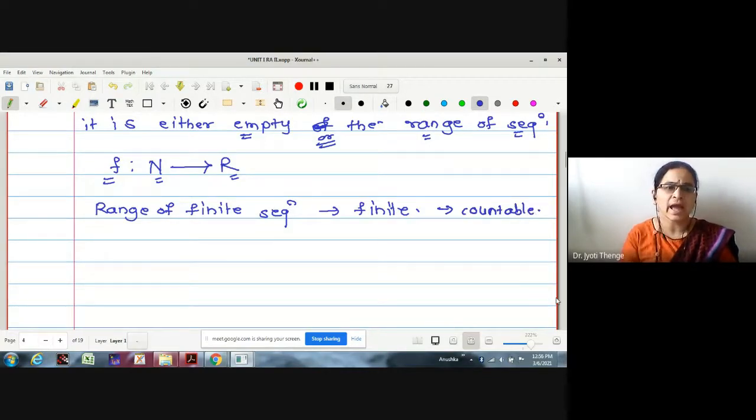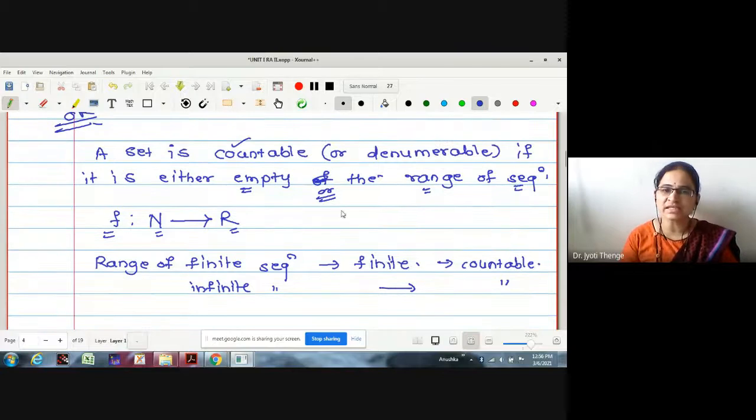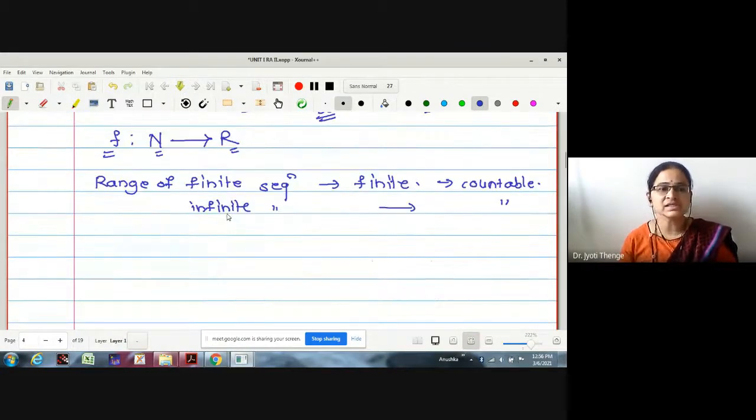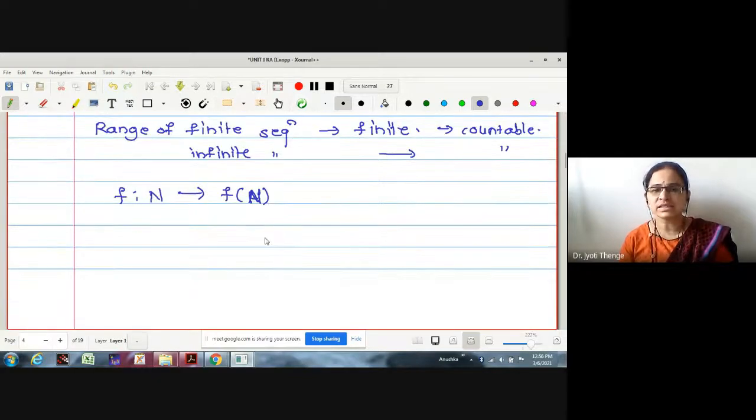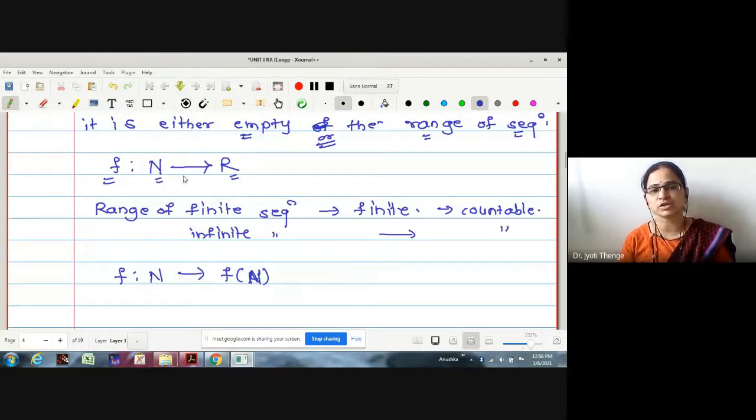And if it is the range of an infinite sequence, then also it is countable. Why? Let us say the range of this f from N to R is f of n. This is the range for this function.